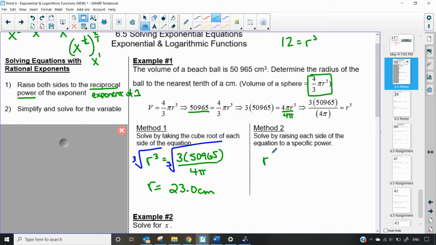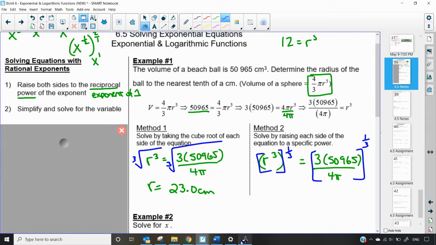And the reciprocal of 3 is 1/3. So we're going to raise both sides of this equation to 1/3. So on this side we have 3 times 50,965 all divided by 4 pi. And we're going to raise both sides to the exponent 1/3.